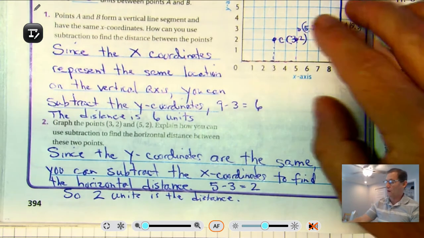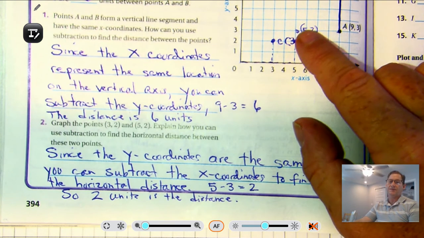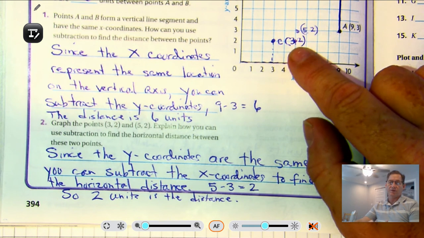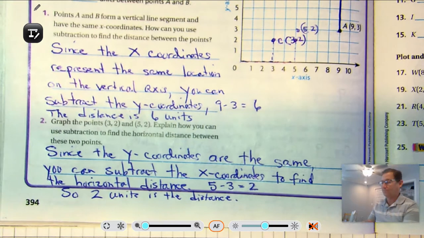Since the y's are the same, 2, we can take the x coordinates and just subtract them. 5 take away 3 is 2. So the distance is just 2 units between the 2 points.